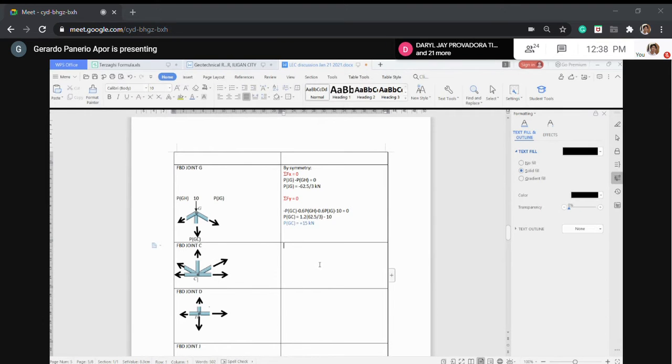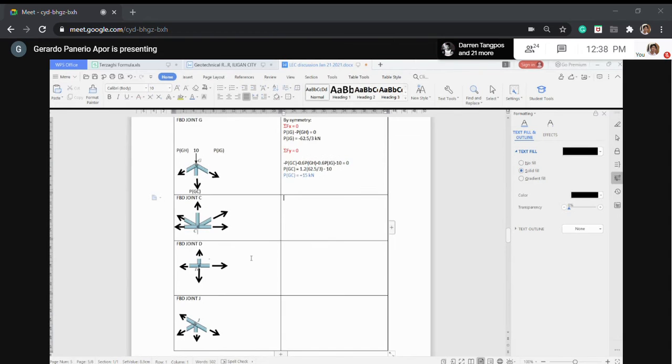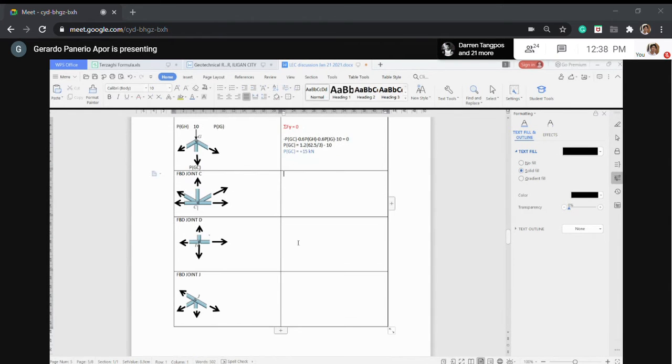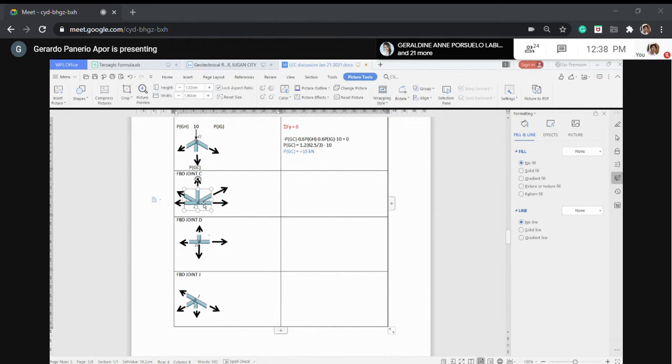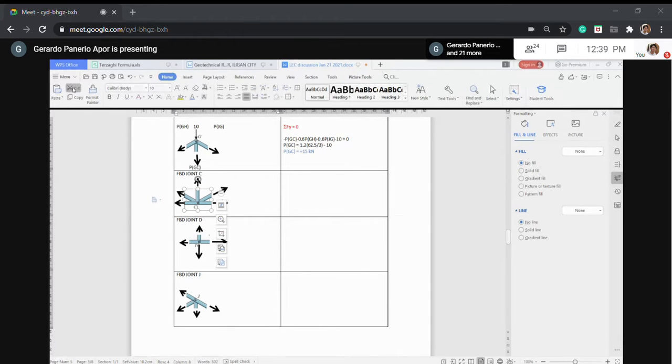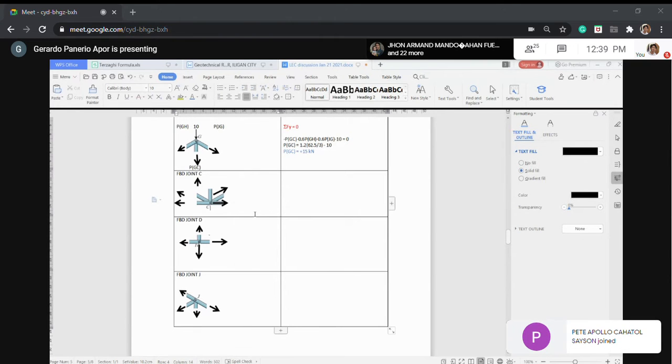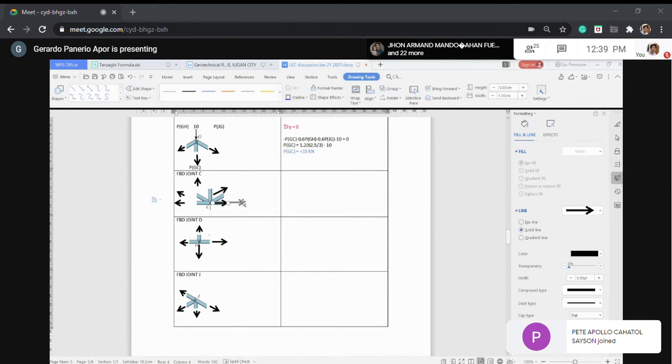So I have already remaining two joints, no? I will add one more. So you see. So let us see that this one is known already. No? This one is known. I will move this to here. Cut. Then I'll move it here. Paste. Move it here.